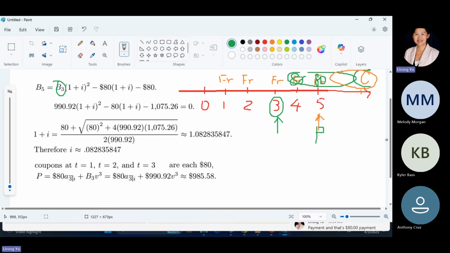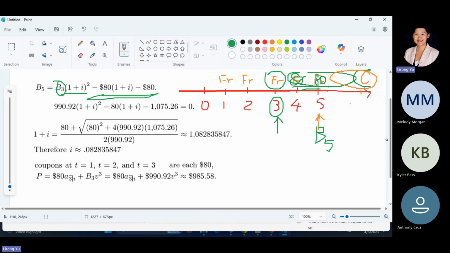So for B5, you want to subtract the 80 that's already paid, and also subtract this $80 times 1 plus I. So these two take away those 2 payments, and then the future value of the B3 would be multiplied by 1 plus I. That's equal to B5.